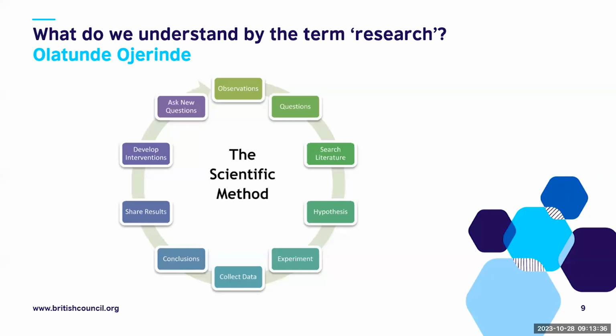Then asking questions, you search for literature, which means you try to read, you try to find out more about the questions or what you have observed. Then there is hypothesis, the experiment, you collect data as well. You come to a conclusion. These are the basic processes.